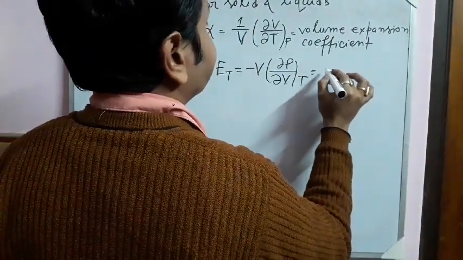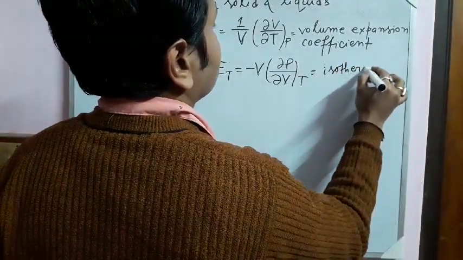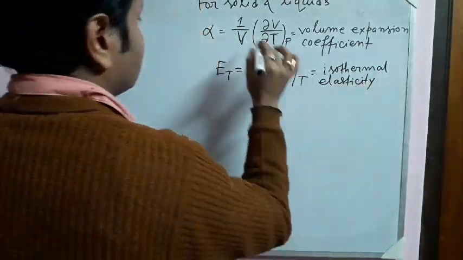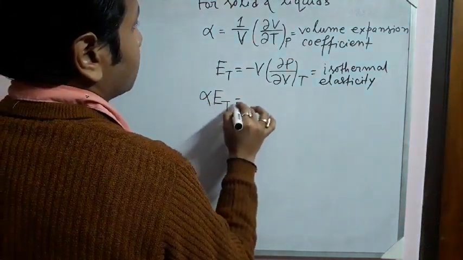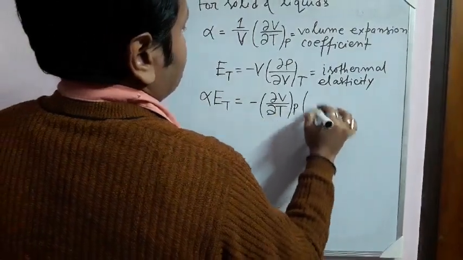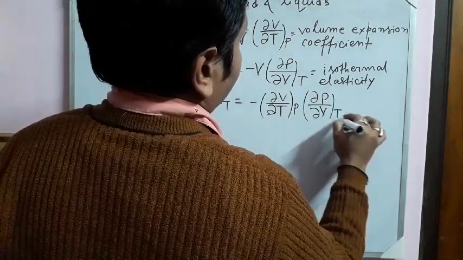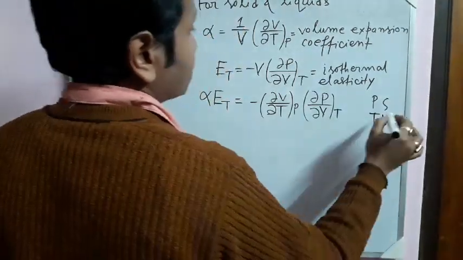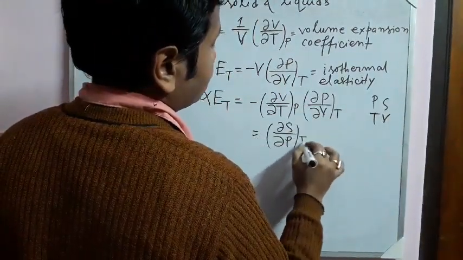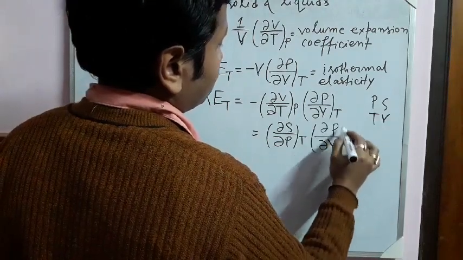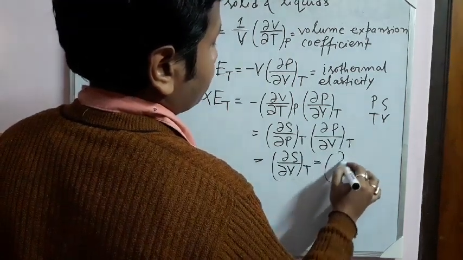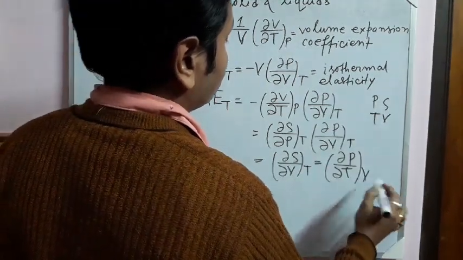So this is isothermal elasticity. If we multiply both the terms, we get (del P/del V) at constant temperature times (del V/del T). And del V del T is minus del S del P at T, which is (del S/del V) at constant temperature, which again means (del P/del T) at constant volume.